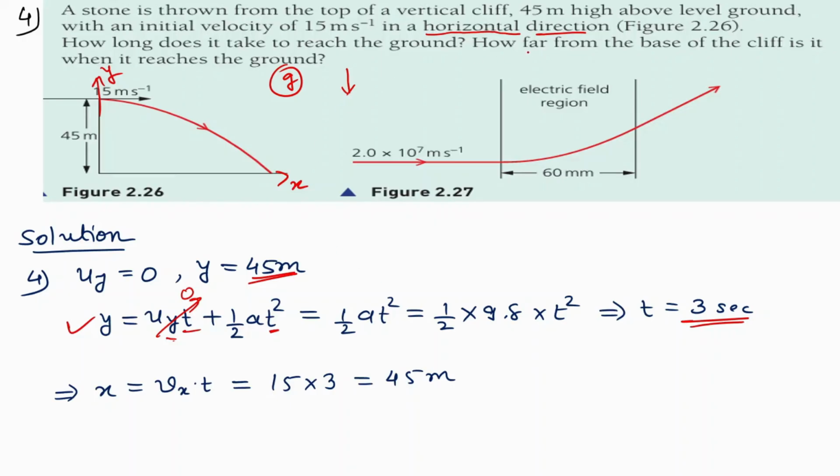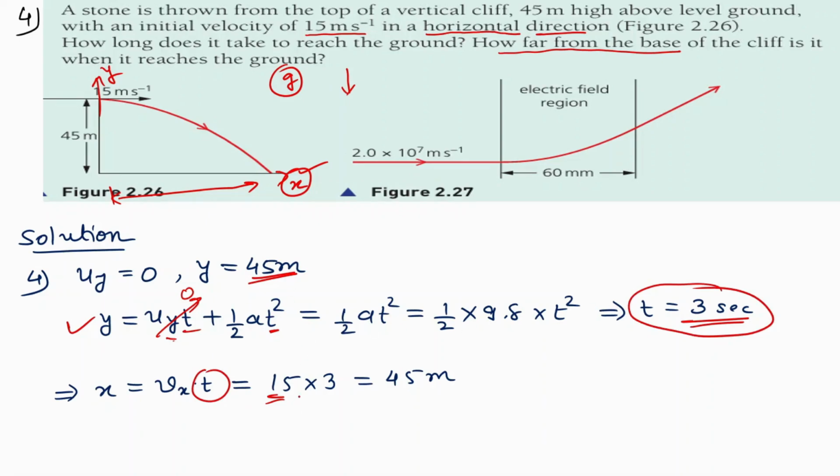Now for the second question, we need to find the range, that is the distance in the x direction. So in this case, we consider the velocity in the x direction. In the question, the initial speed in the horizontal direction is given as 15 meters per second. So we use this, and the time is the same as we found earlier, 3 seconds, which gives 45 meters.